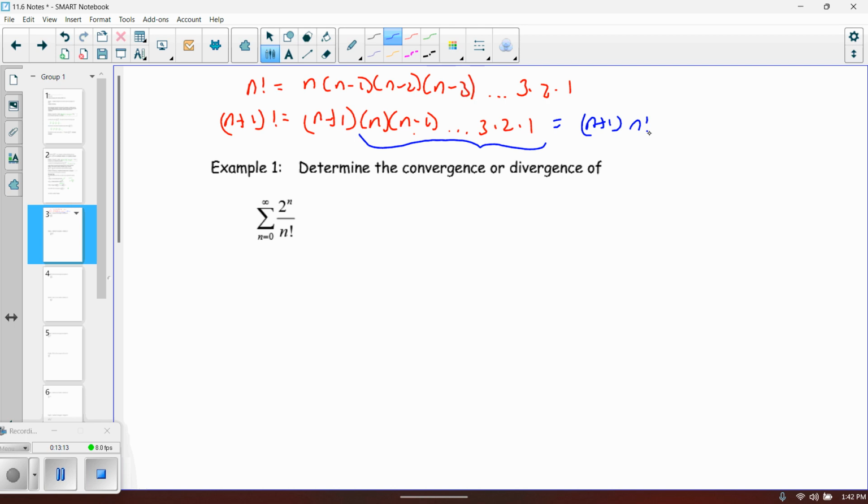We're going to go straight to the ratio test here and say that the limit as n approaches infinity of the absolute value. Now it's supposed to be the n plus 1 term, which literally means wherever there's an n, you're going to substitute in n plus 1. So 2 to the n plus 1 divided by n plus 1 factorial.